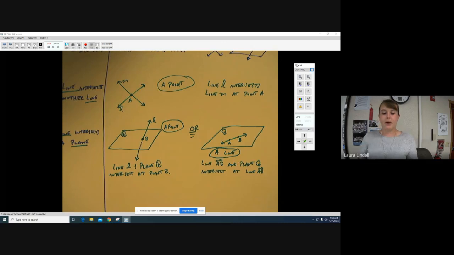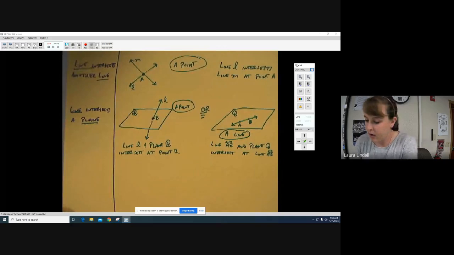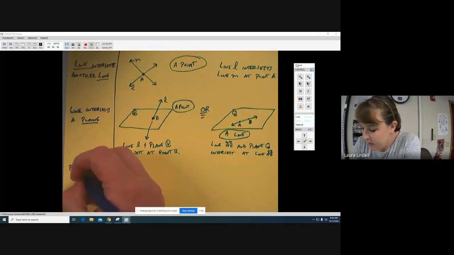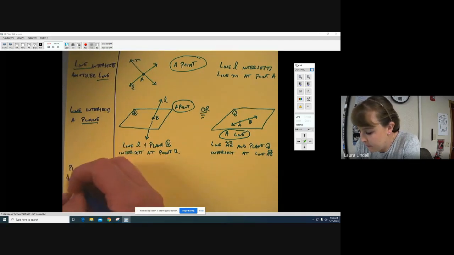Then we have one last possible set of things that could intersect, and that's a plane and another plane. So when a plane intersects another plane.